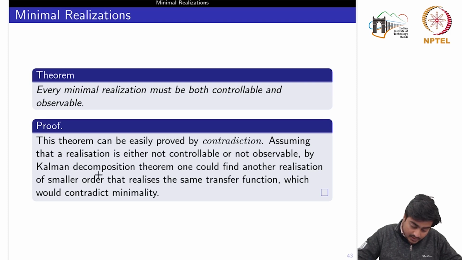Okay, so using this decomposition theorem we could find another realization of smaller order that realizes the same transfer function, right, which would contradict the minimality.